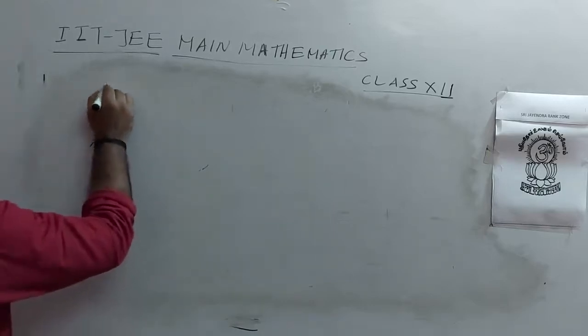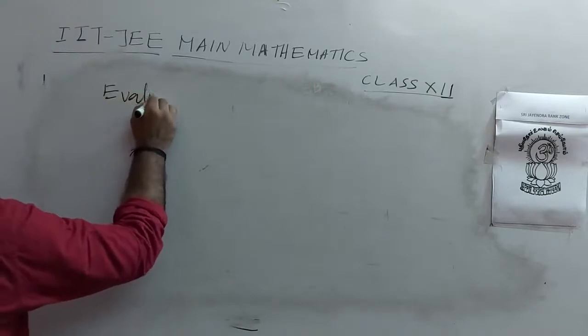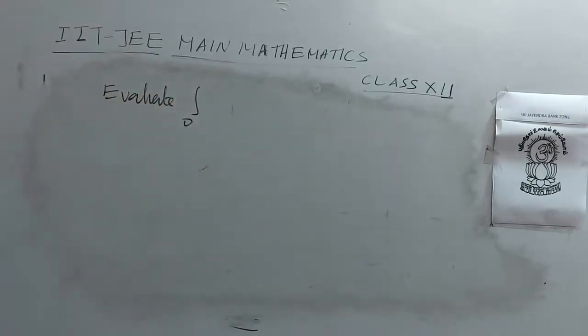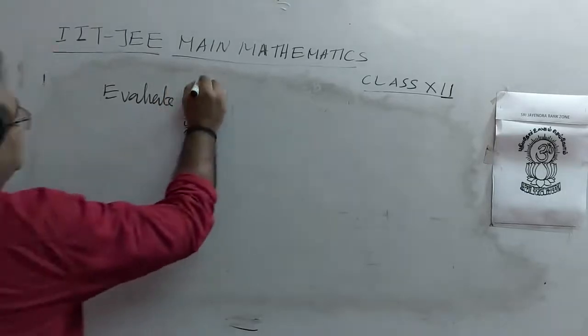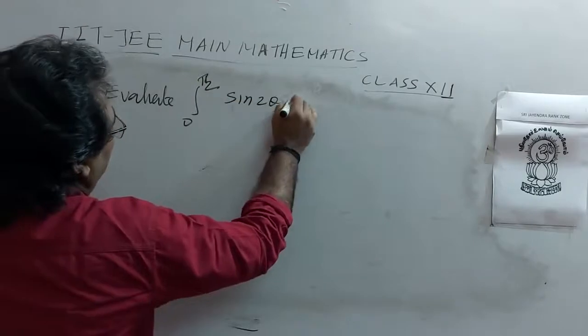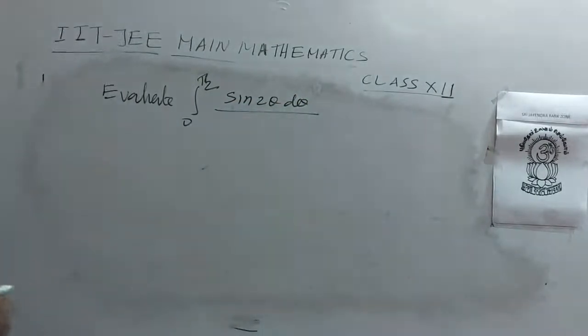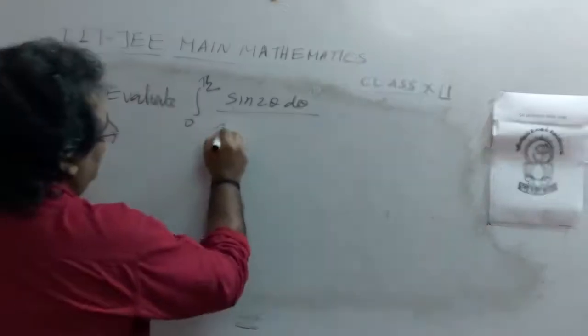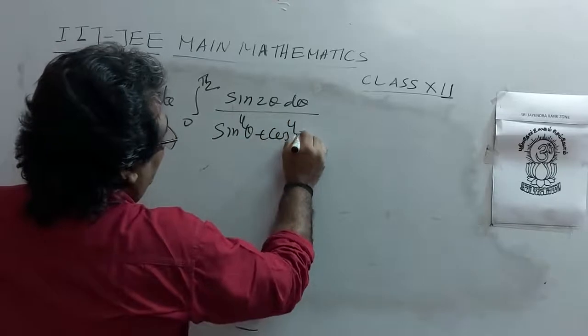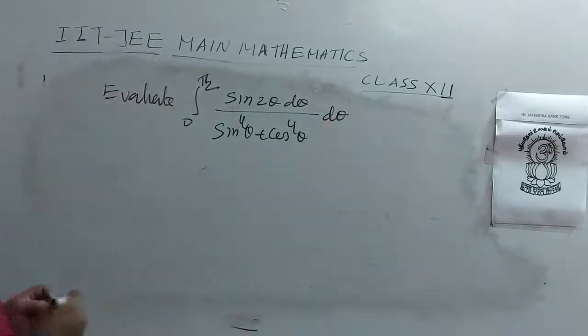Evaluate the integral from 0 to pi by 2 of sin 2 theta d theta divided by sin power 4 theta plus cos power 4 theta d theta.